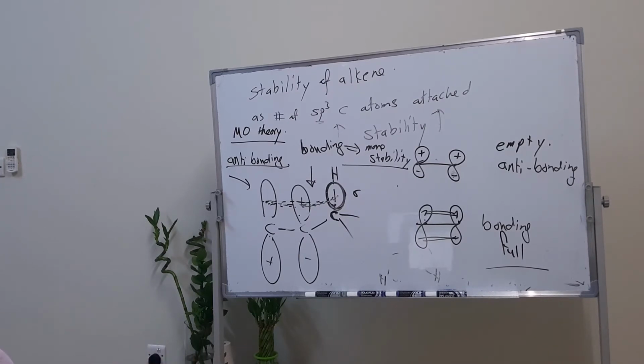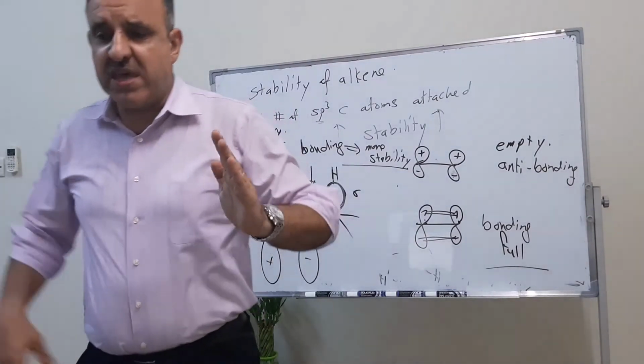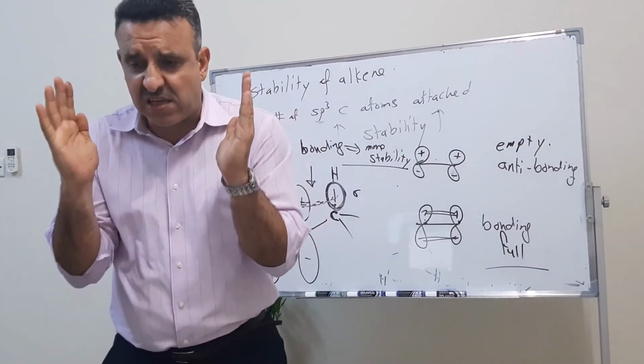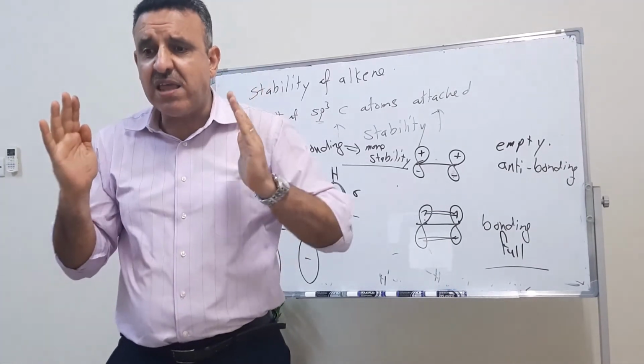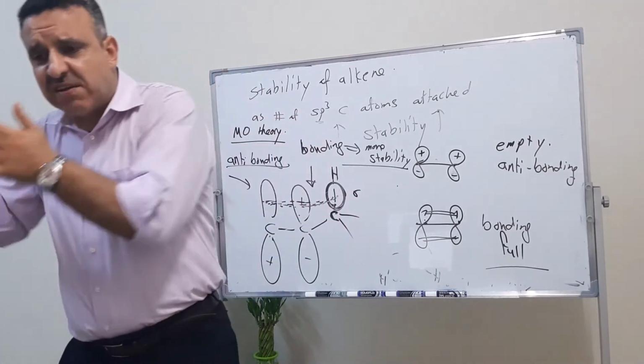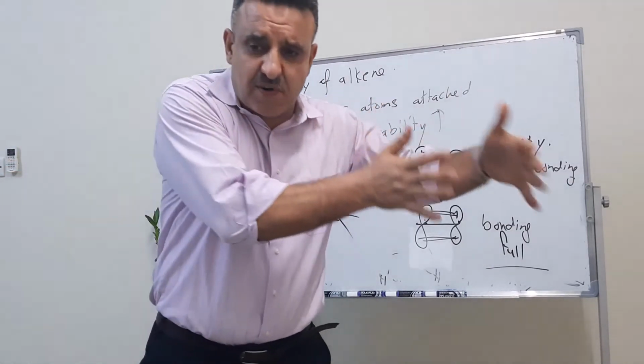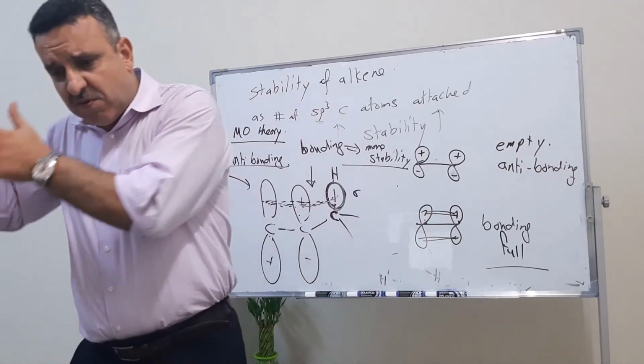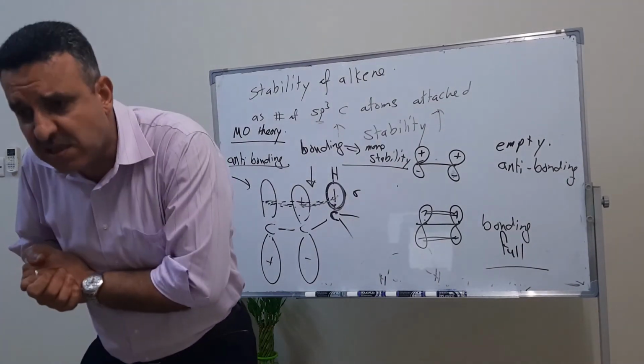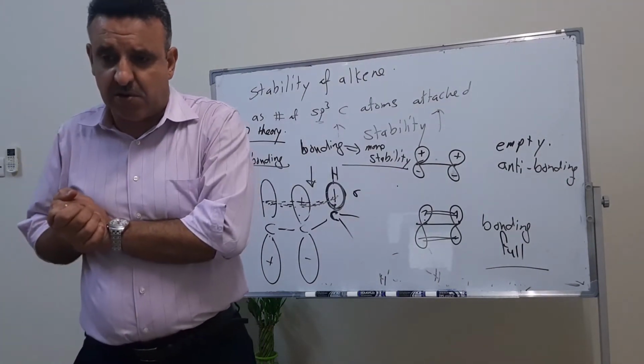According to the molecular orbital theory, whenever 2 orbitals interact, there are 2 ways for this interaction: either what we call constructive overlap, or what we call destructive overlap. The constructive overlap makes what we call a bonding molecular orbital.